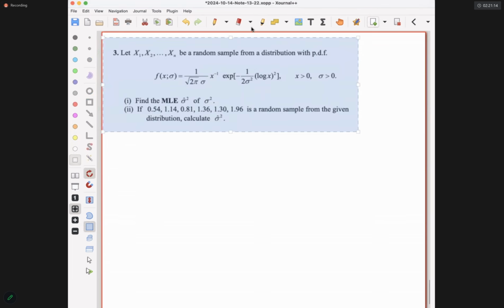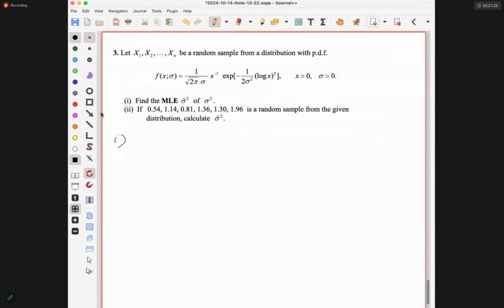But we're asked first for the MLE of sigma squared. And so what is our first step? First step to finding the MLE should be very quick for you by now.